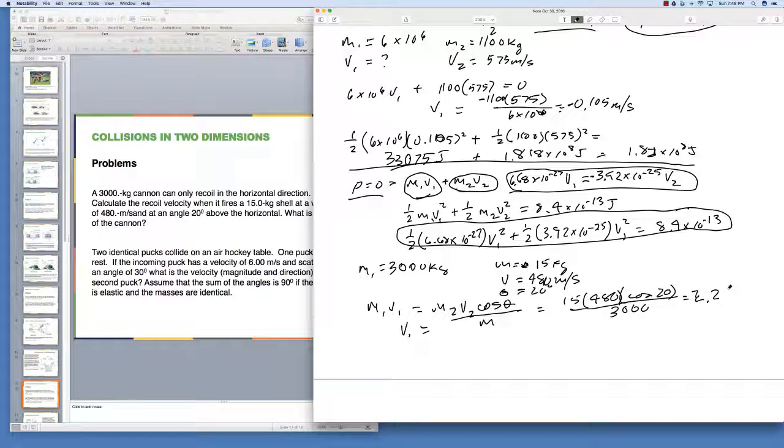The kinetic energy of the cannon is going to equal 1/2 times 3,000 times 2.255 squared. And that's going to equal 7,630 joules.